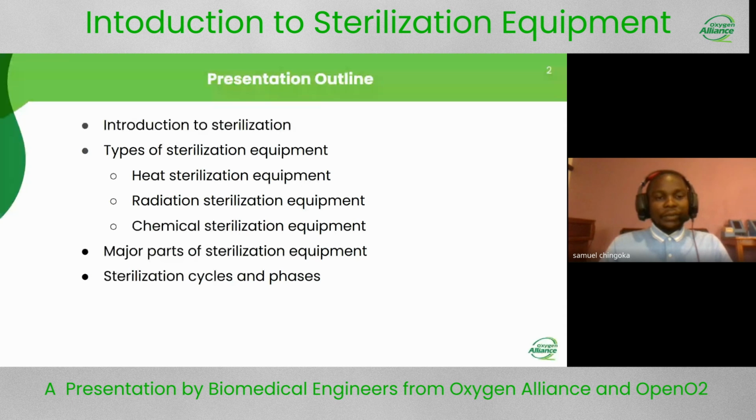Then we'll come to the types of sterilization equipment, which are heat sterilization equipment, radiation sterilization equipment, chemical sterilization equipment, and we'll look into the major parts of these types of sterilization equipment before we finish with sterilization cycles and phases.